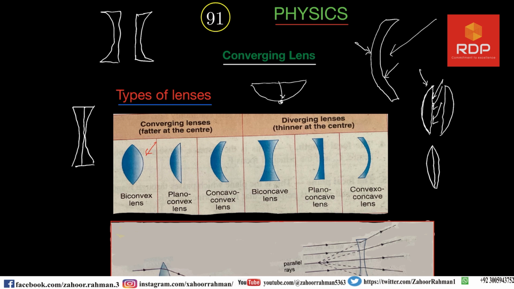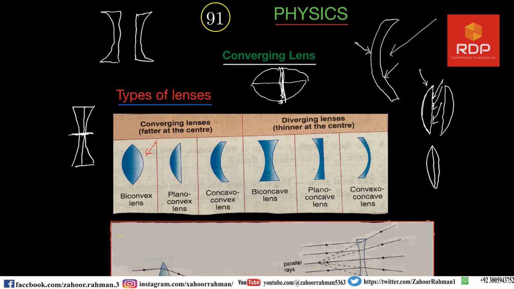One more thing you have to remember is that the center of it is thinner. You can see that their center in this location is thinner as compared to this one, whose center is fatter.